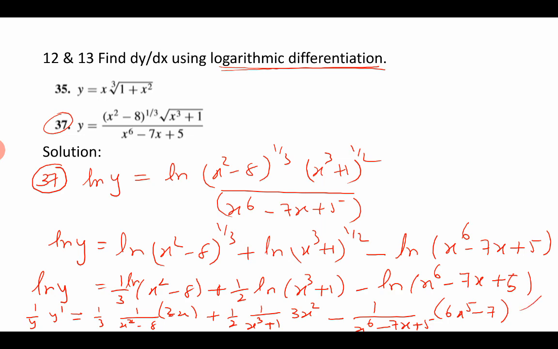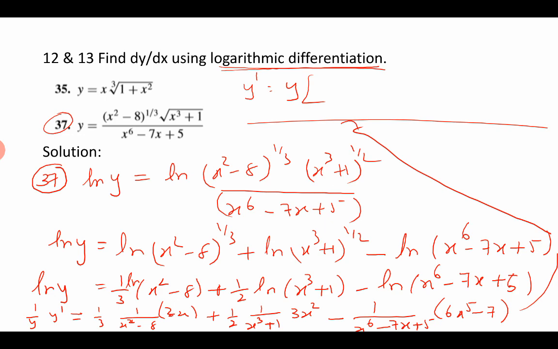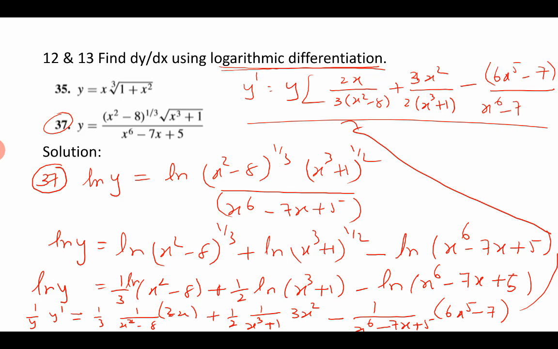Now simplify here. In the left hand side we want only y prime, so keep the y on the right side. Now write all the terms available here: 2x over 3 into (x square minus 8), plus 3x square divided by 2 into (x cube plus 1), minus (6x power 5 minus 7) divided by (x power 6 minus 7x plus 5).